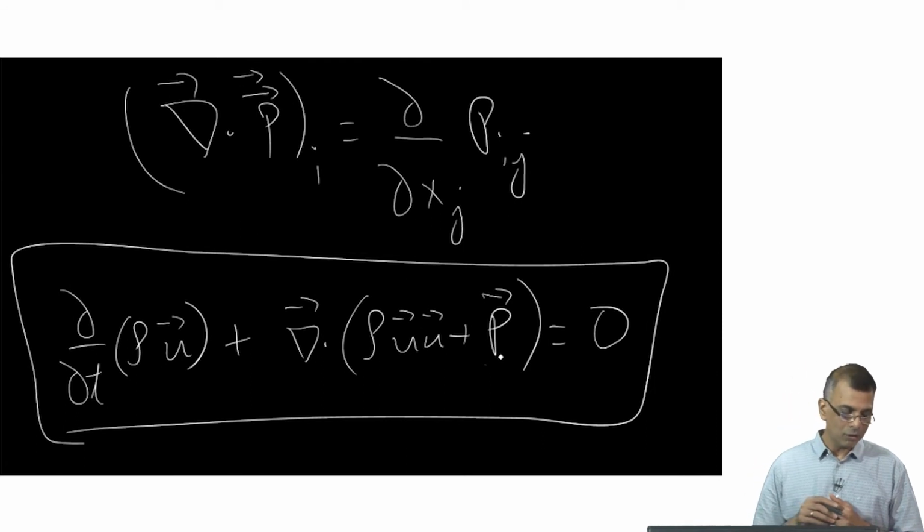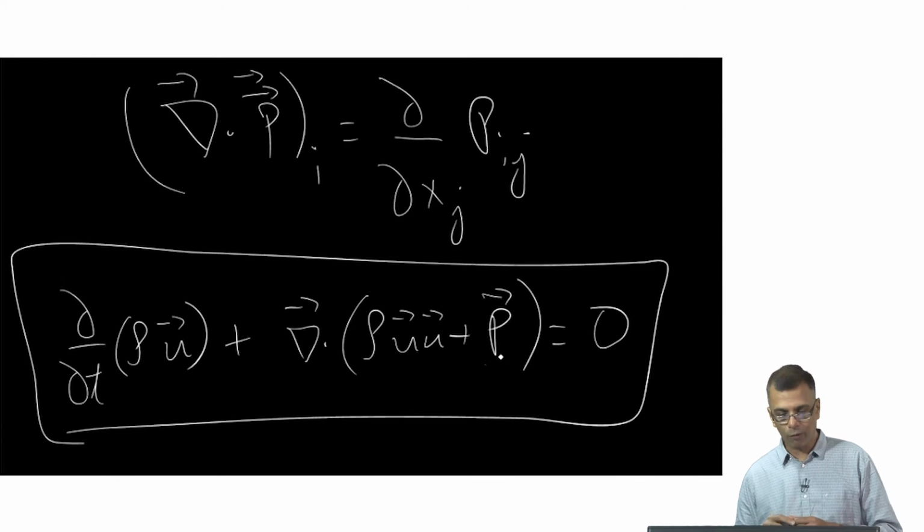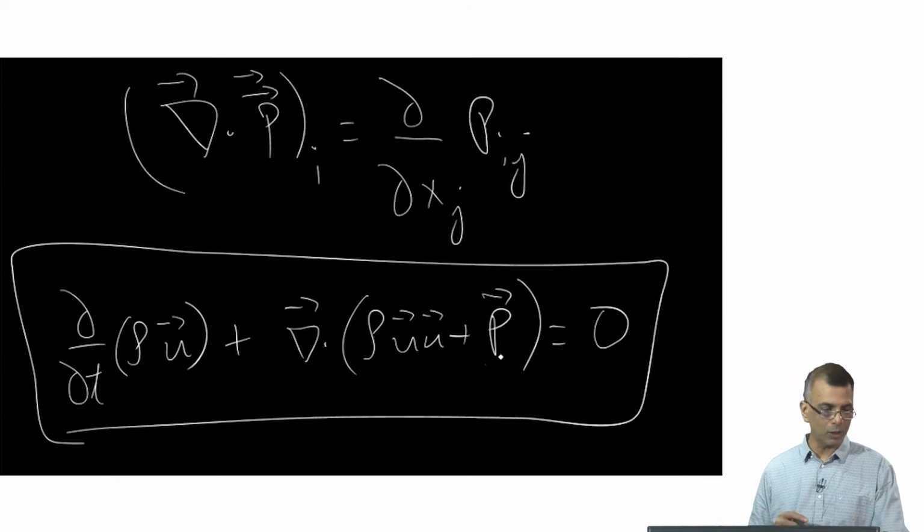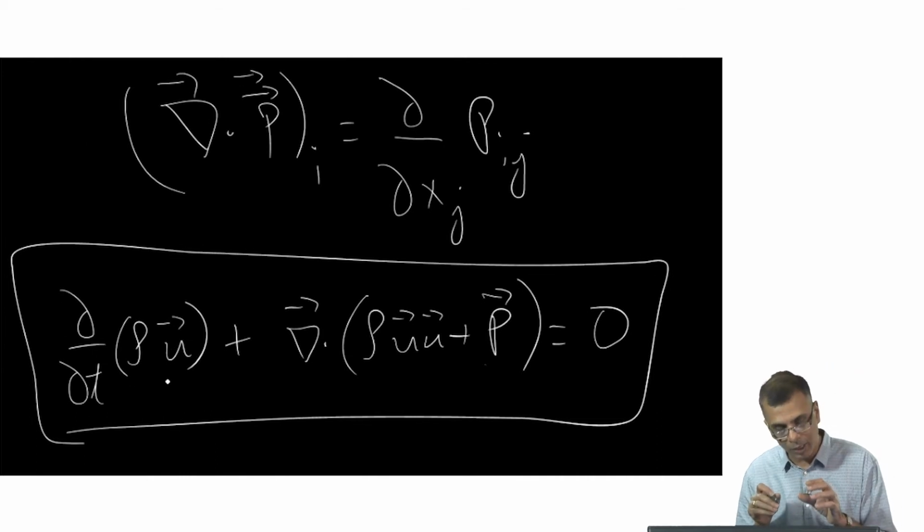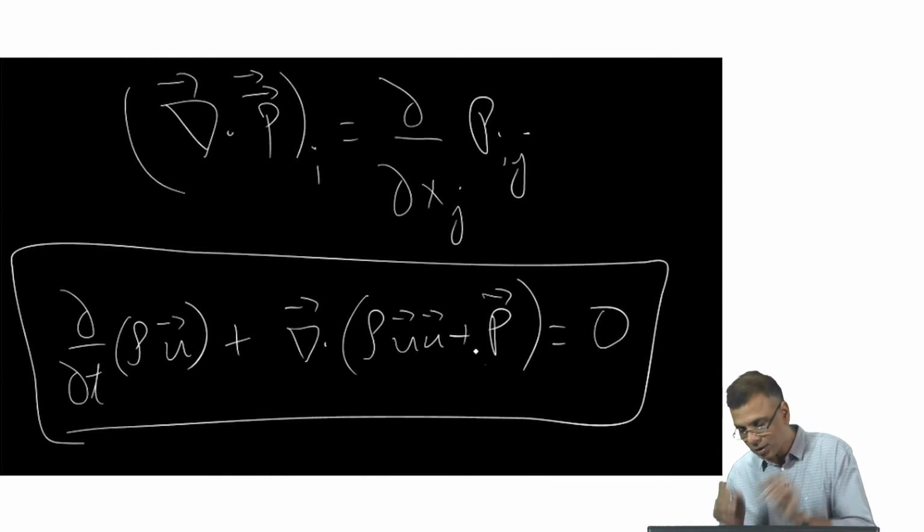So, this is the advantage of writing things in the conservative form. Remember, why am I saying this is the conservative form? Because this is of the same form: a partial derivative of the quantity, in this case the momentum density, plus the flux of the momentum, which also includes surface forces.